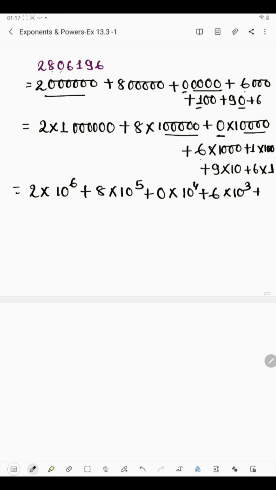Okay, 6, 5, 4, 3, then it will be 2. See, 1 into 100 can be written as 10 square, isn't it? Then 9 into, here is 1 zero, so 10 to the power 1, and 6 into 1 means 6 into 10 to the power 0, because anything to the power 0 is 1.